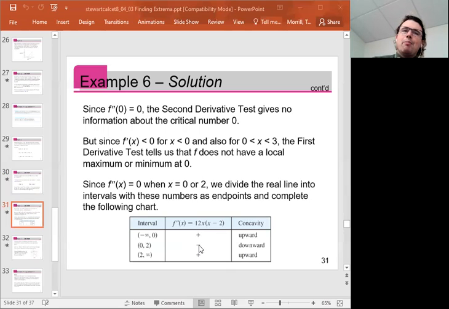To the right of 0, but left of 2, the second derivative of this function is negative. To the right of 2, the second derivative is positive again. So we have a function that's concave up for a while, then concave down, and then concave up again.